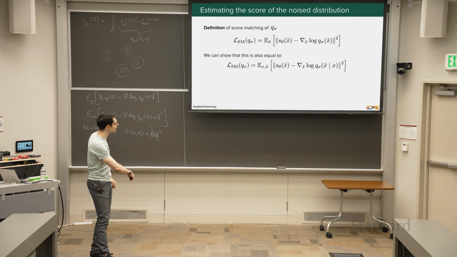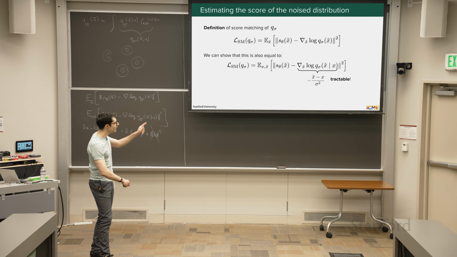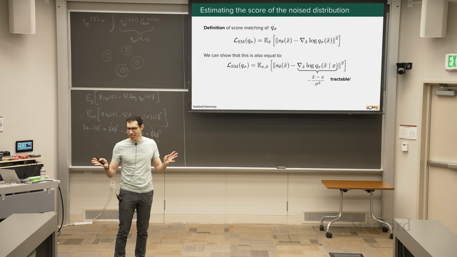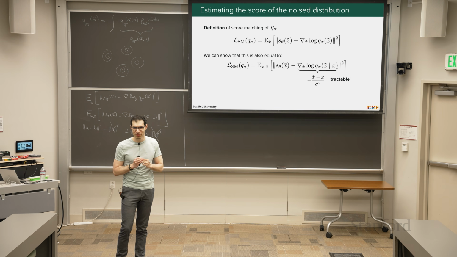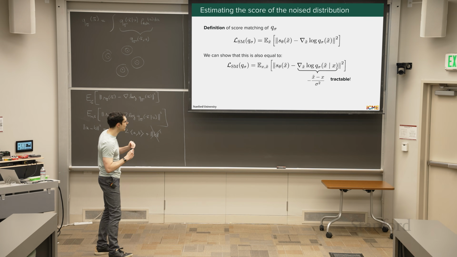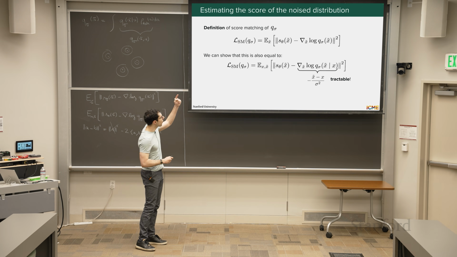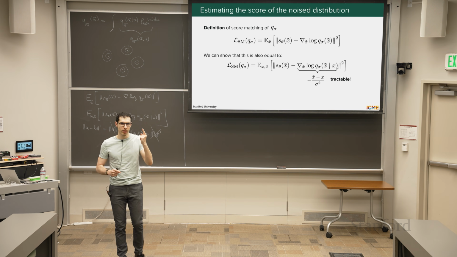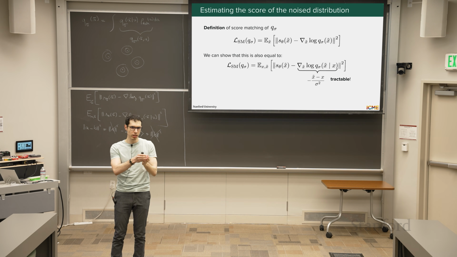So all I want to say is that this equivalence is not pure magic, it's just math. And what is great about it is that we're able to optimize the score matching loss for the noisy distribution using a tractable loss.